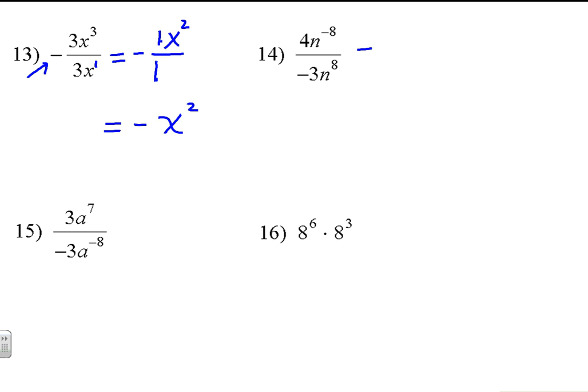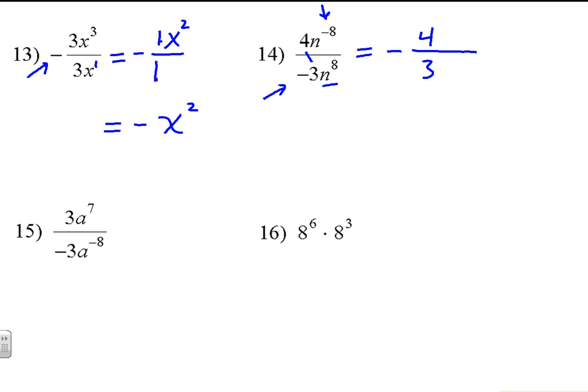Okay, 14. How many plain old negatives are there? I see this negative up here, but that's a negative exponent. Here's the only plain old negative in front of that 3. So I have a positive on top divided by a negative on the bottom. Positive divided by a negative is negative. Numbers, 4/3, does that reduce? Nope.